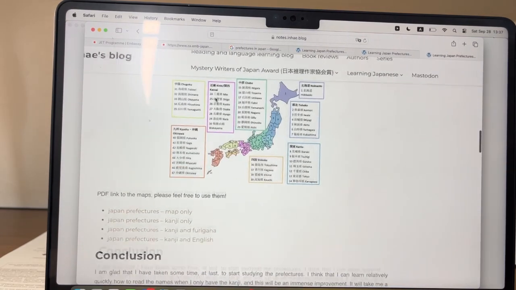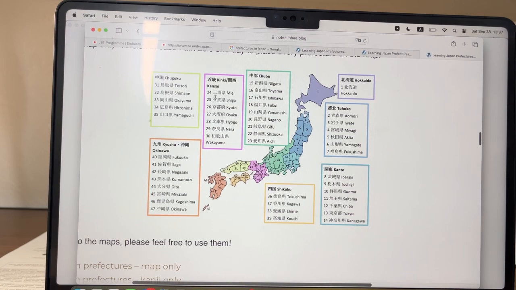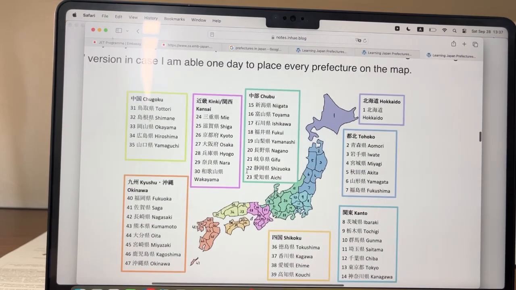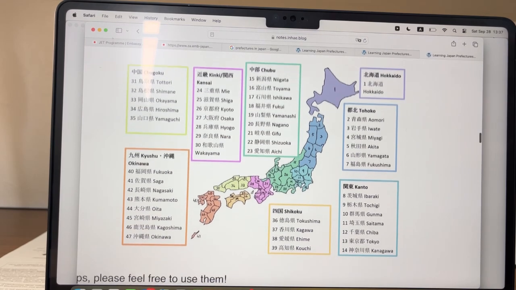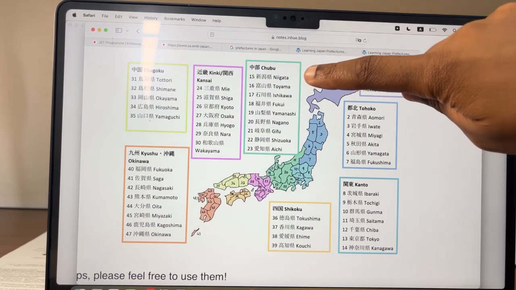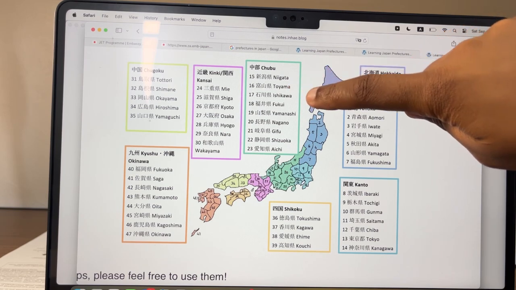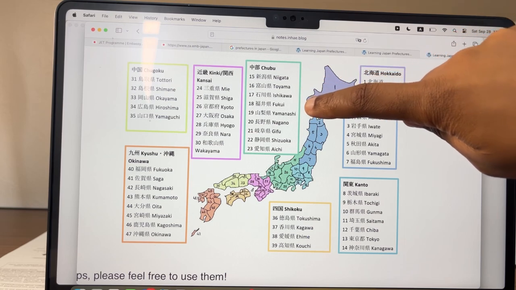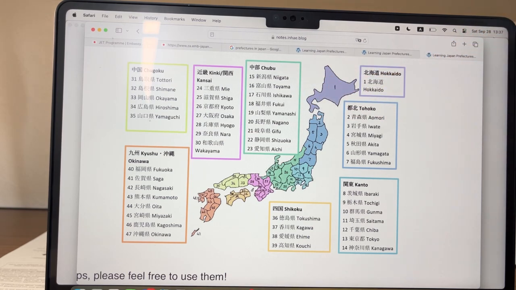Okay, so now we are here. This is the map of Japan, okay? I am currently in Chubu. In Chubu, we have Niigata, we have Toyama. I live in Toyama. We have Ishikawa. Ishikawa is nice. Kanazawa is nice. We have Fukui. Fukui is a rural area. We have Yamanashi. I haven't been to Yamanashi yet. We have Nagano.